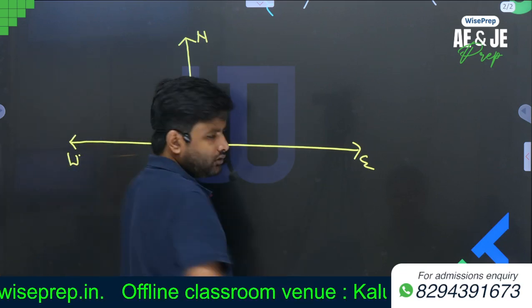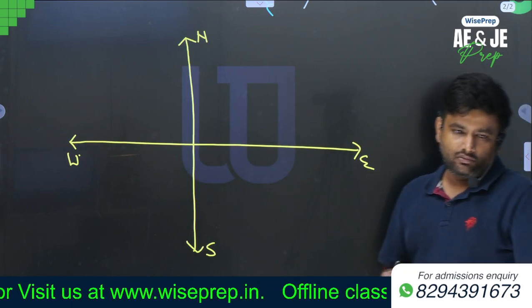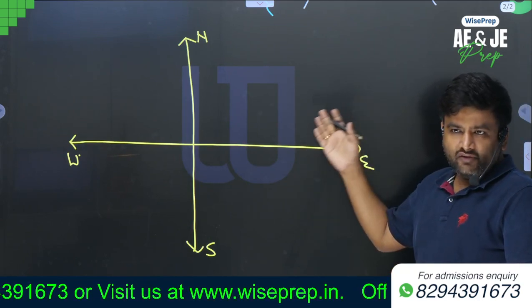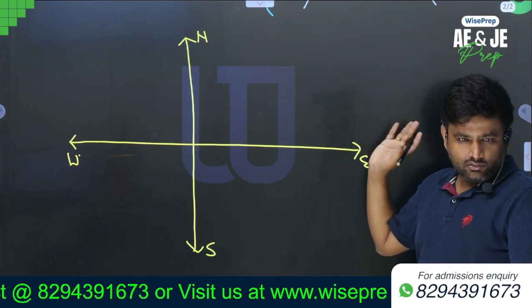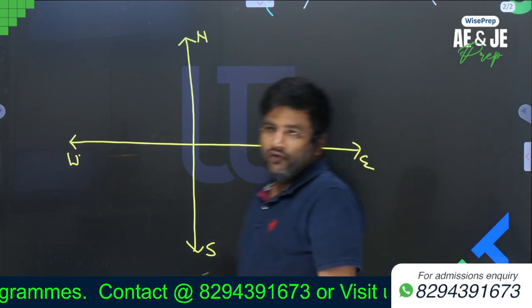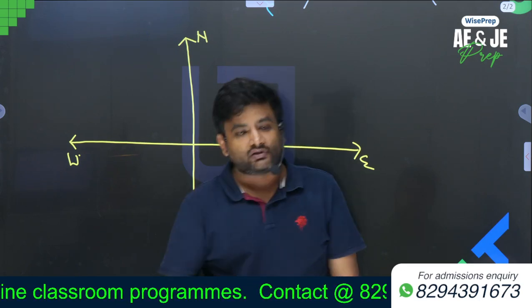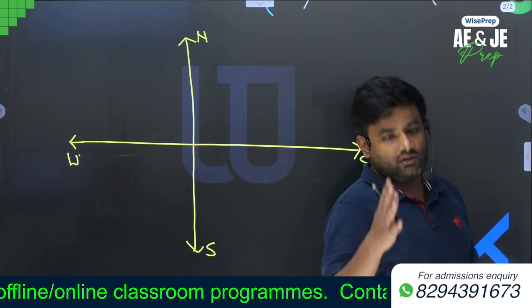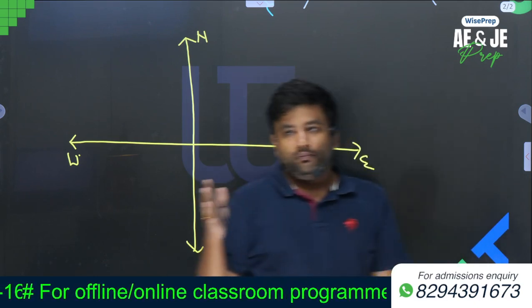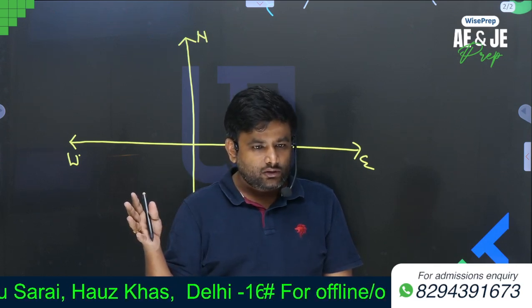All right. So there is a term meridian. Any fixed reference line can be considered as the meridian. So whenever you are defining the direction of any line with respect to the given meridian, so any line passing through different fixed points can be considered as meridian.